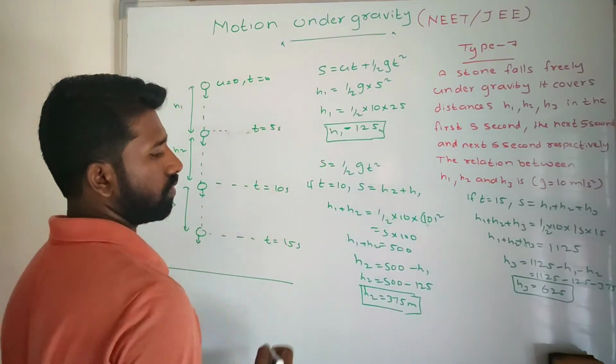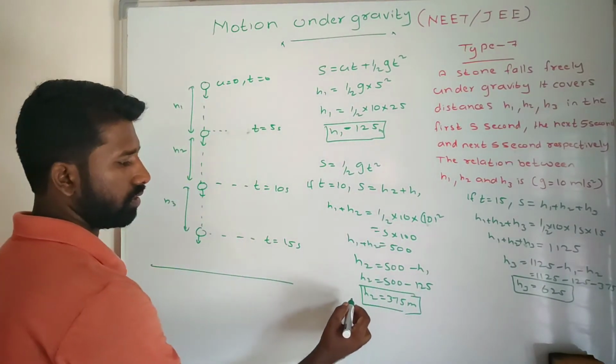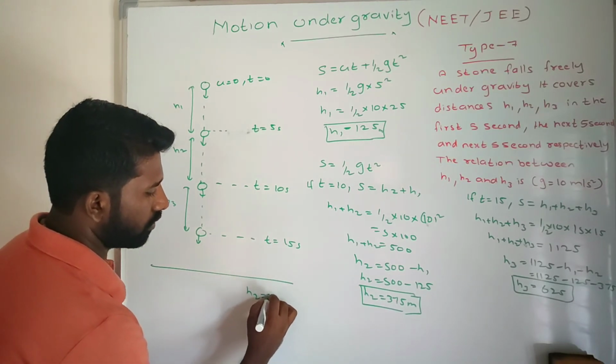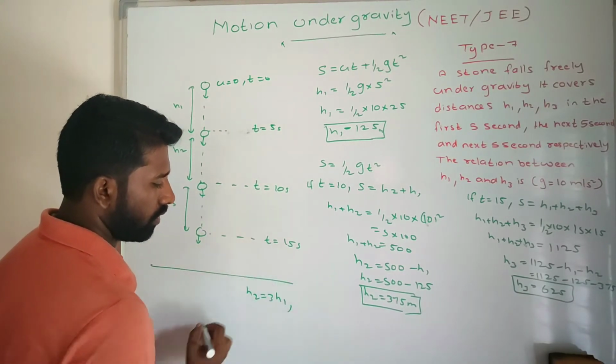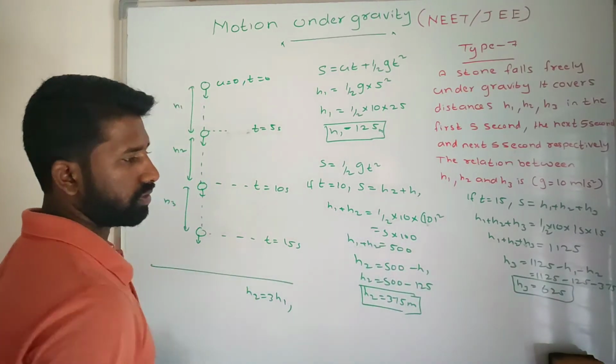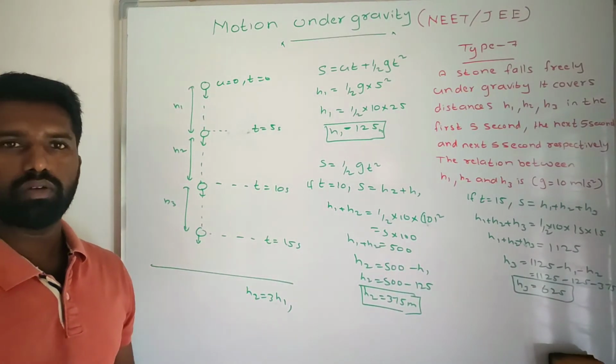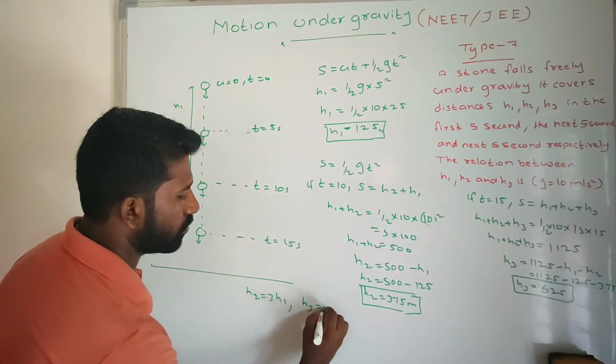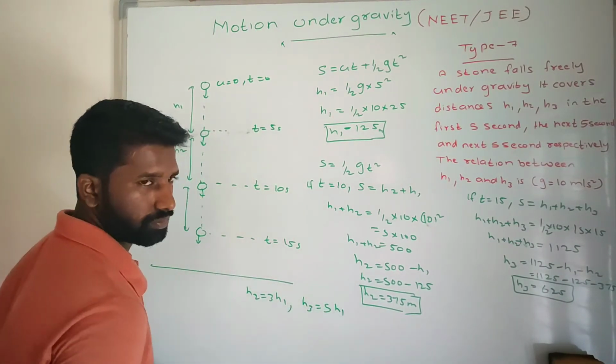This h1 is 125. Then what about this h2? We can write it as h2 is equal to 3 times of h1. Clear? And 625 is how many times? You look at this, that is 5 times. So h3 is equal to 5 times of h1.